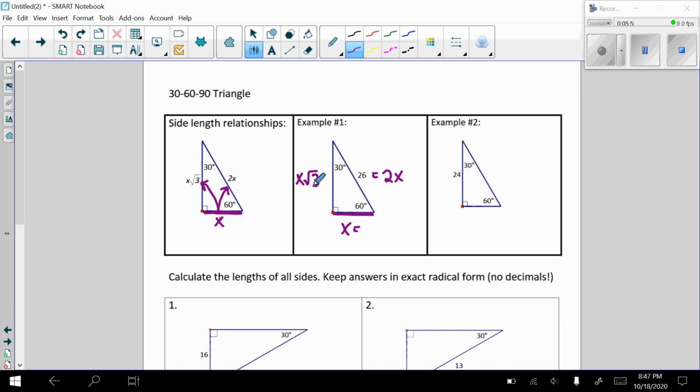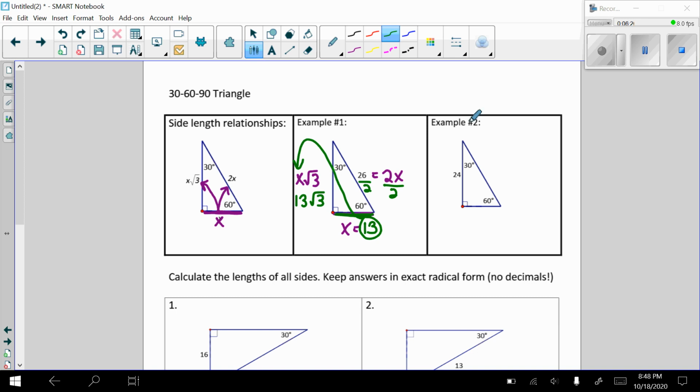So looking at this, in order to solve for x, I have to divide by 2. 26 divided by 2 gives me 13 for the short side. And now I just take that 13 and I drop it right in here for x, and I get 13 times the square root of 3. Okay, so these three sides land in a very special ratio.